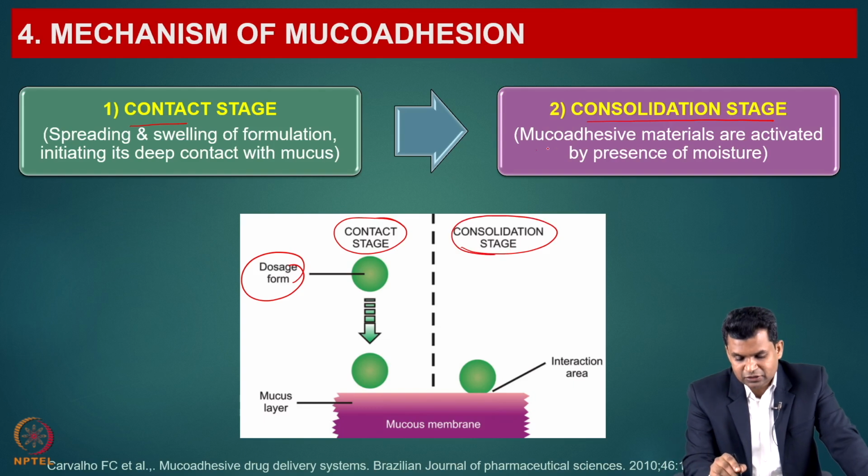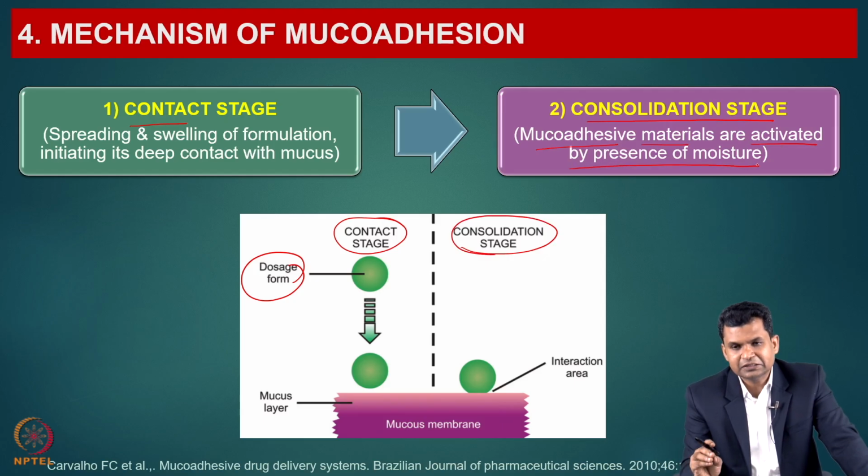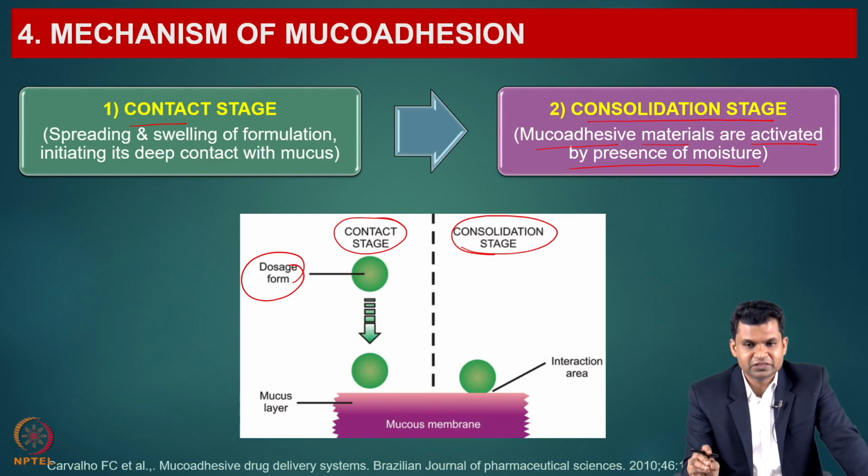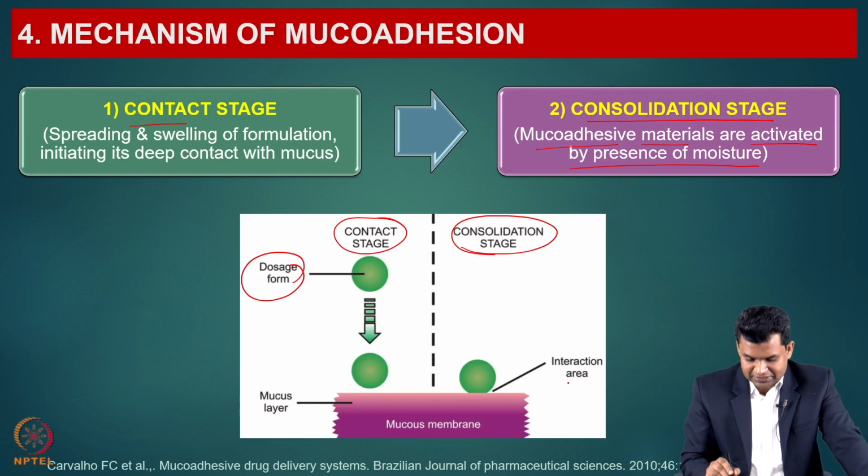Here the mucoadhesive materials are activated by the presence of moisture, nothing but the water content which is available with the mucin. So, that is called the interaction stage. Here the water will further interact with your dosage form.